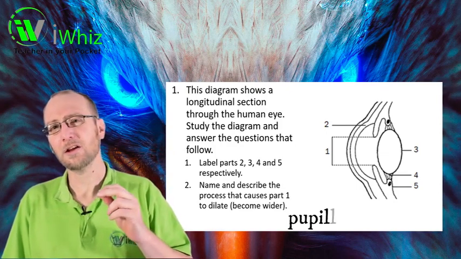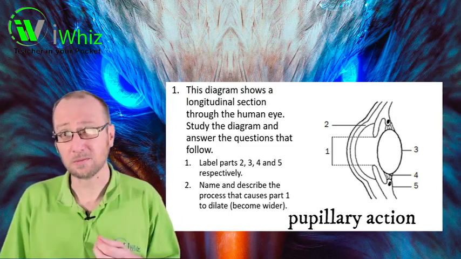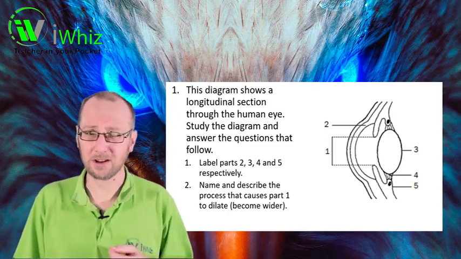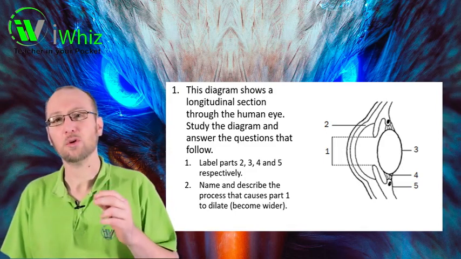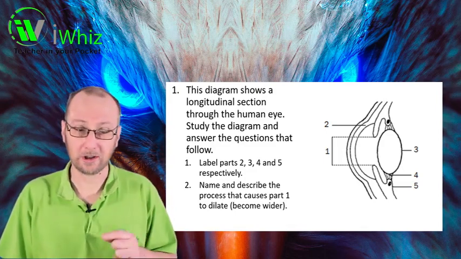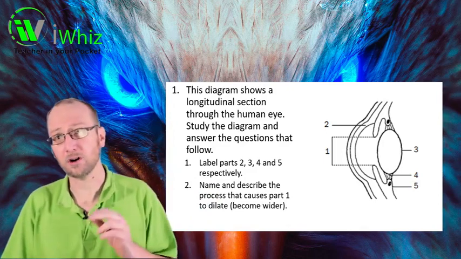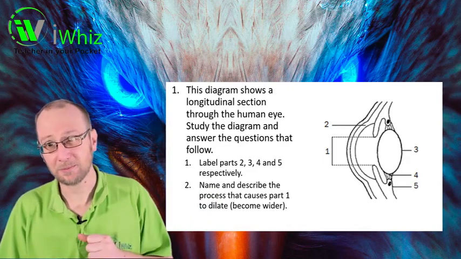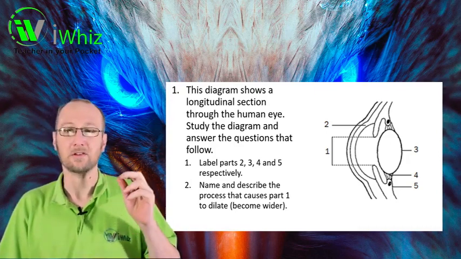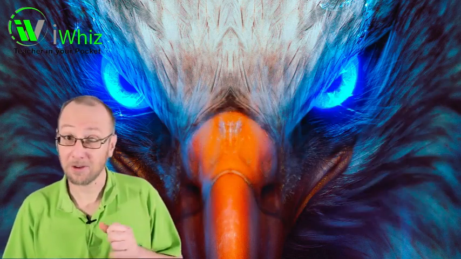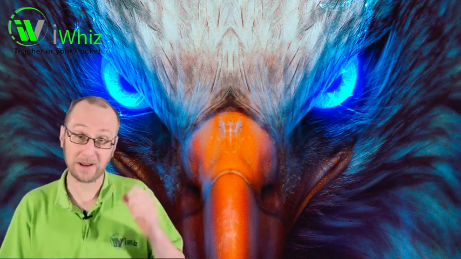What do we call this process? It is pupillary action or pupillary reflex. How do we then go about describing it? Well, we say that when conditions are darker, the pupil, part 1, will dilate. This happens when the suspensory muscles, or the ciliary muscles rather, in the iris contract, and the circular muscles in the iris relax.